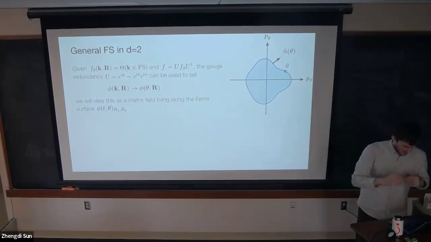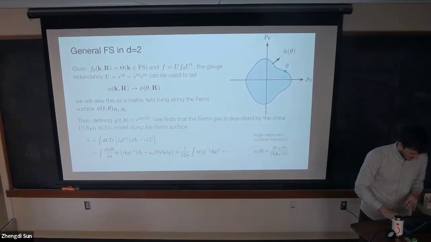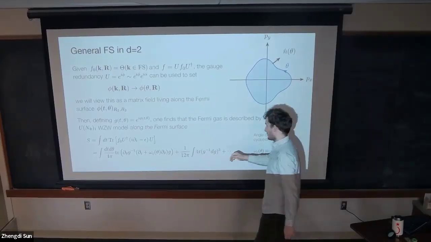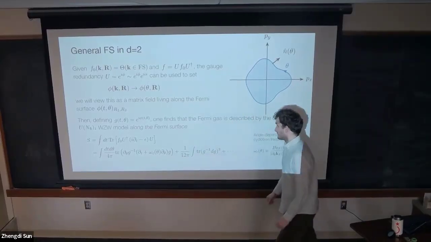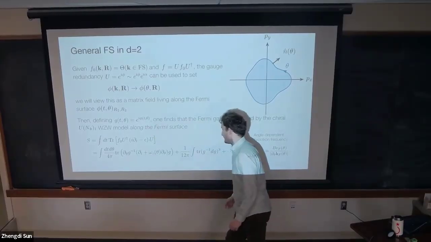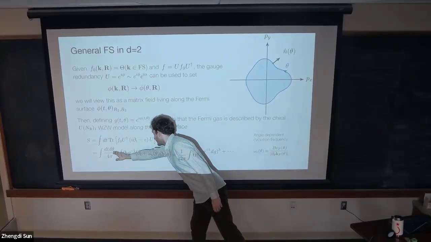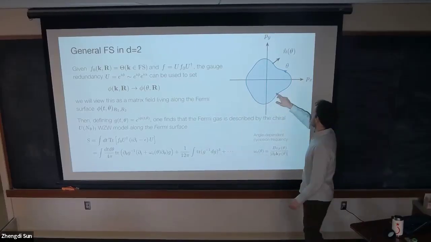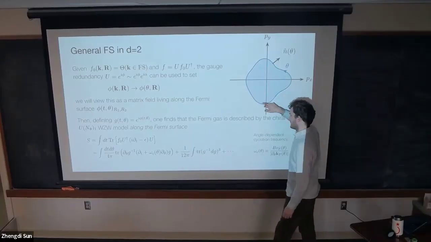And expand in phi. What you would find, using exactly the same steps we had before, is that you'll land on a WZW model, but now living in time, of course, but also in the angle coordinate. So it's a WZW model living in momentum space along the Fermi surface.